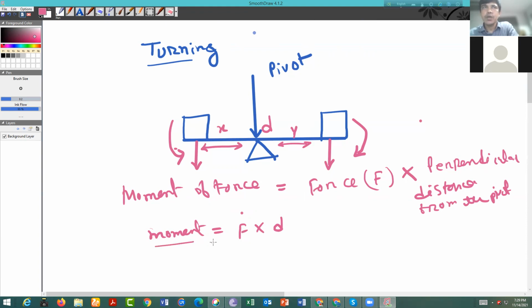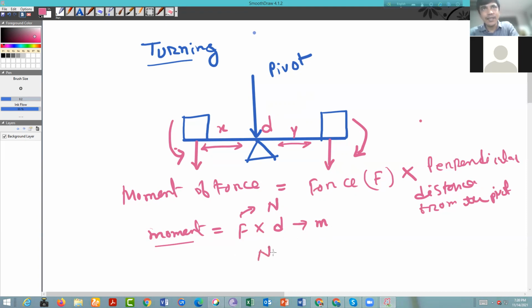So what is the measurement unit of force? Force times distance. No, this is the multiplication of these two, the calculation of moment. So the unit of force is what? Newton, right? So distance d is measured in what? Meter, right? That means moment is measured in Newton meter.